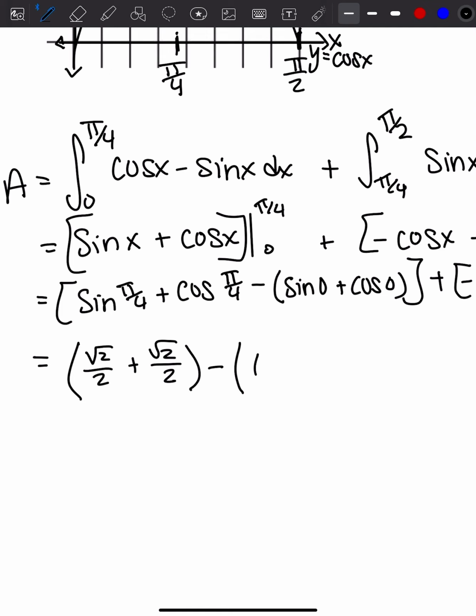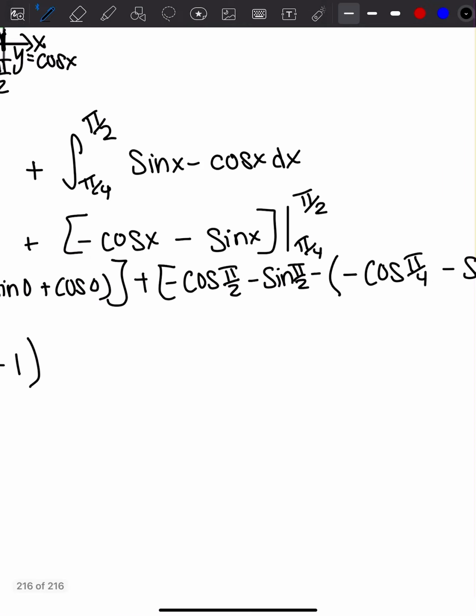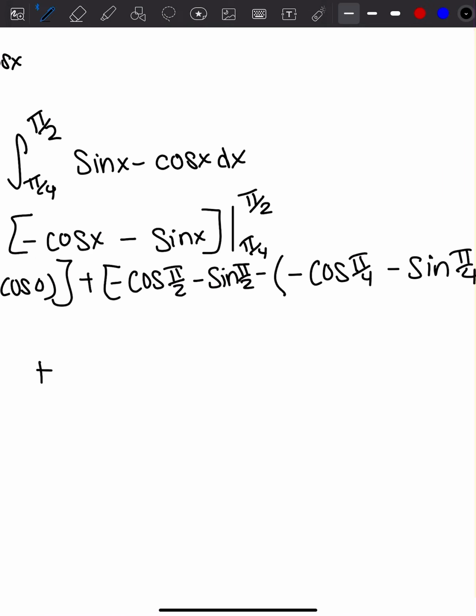Sine of 0 is 0, cosine of 0 is 1. To that, we're going to add negative cosine of pi over 2. Well, cosine of pi over 2 is 0, so if I make that negative, it's still 0. Negative sine of pi over 2 is negative 1, so we're going to subtract 1.